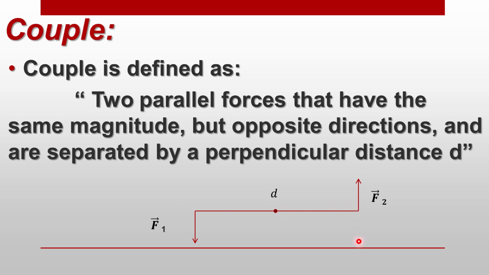If we extend their lines of action, you can see that they will never pass through a single point. So such a pair of forces is known as a couple.